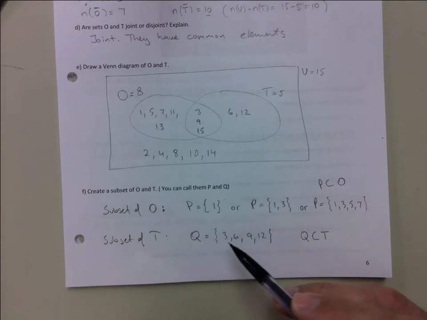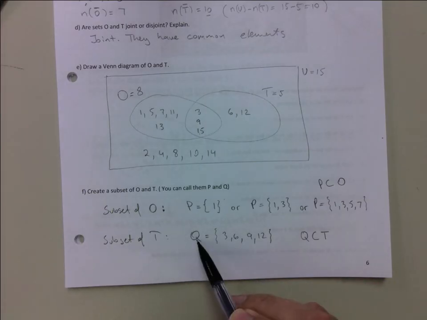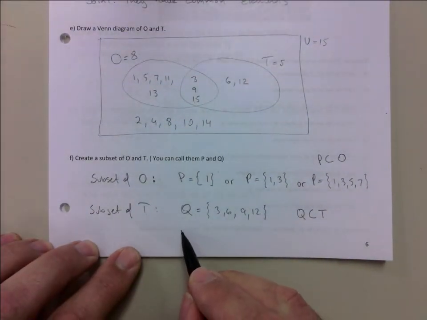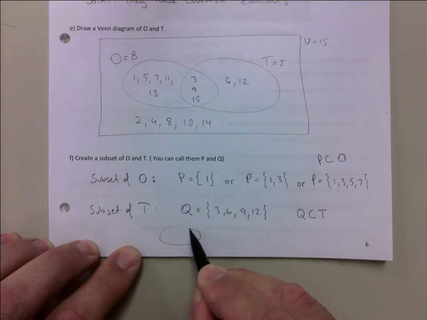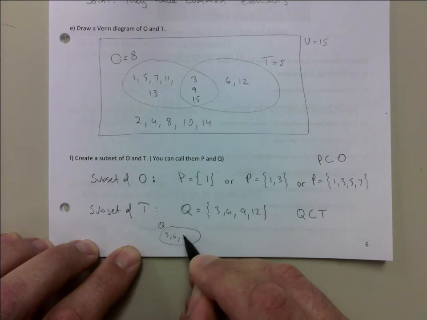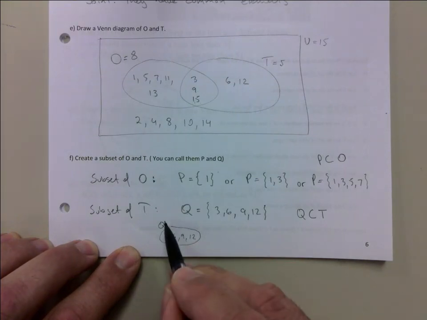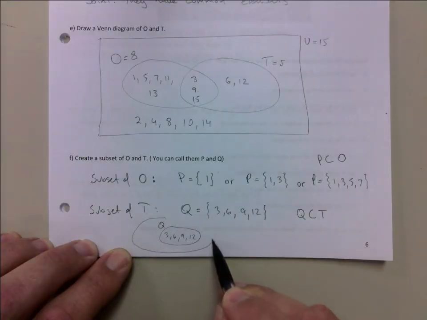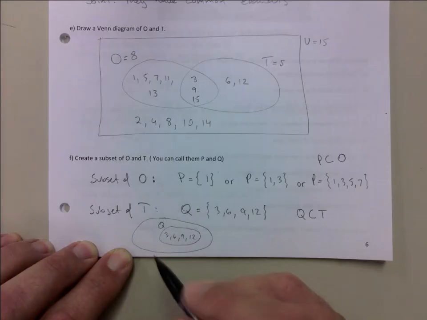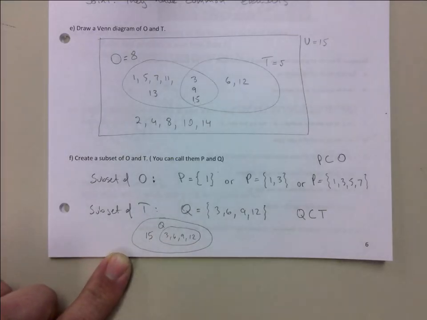What would the Venn diagram look like of T and Q? This is what it would look like. Q, let's start with Q. We would have 3, 6, 9, 12 in there. And surrounding it would be T. And the only number that I didn't use yet is 15.